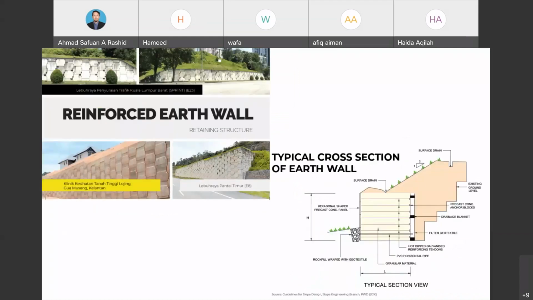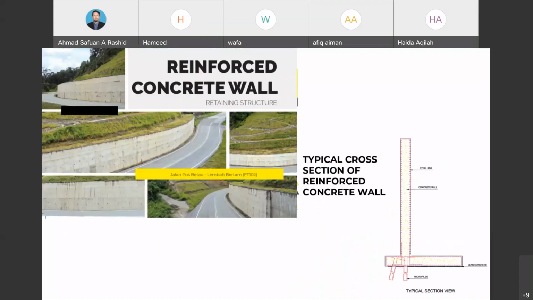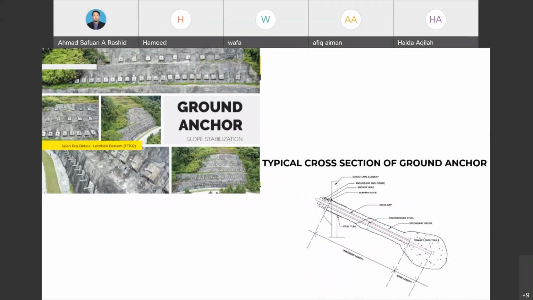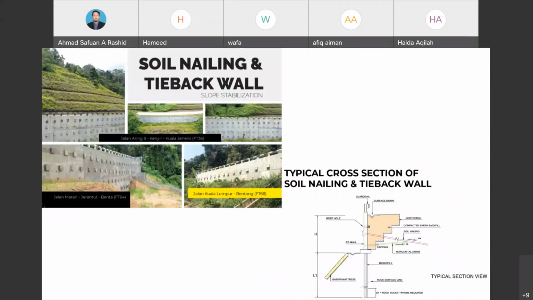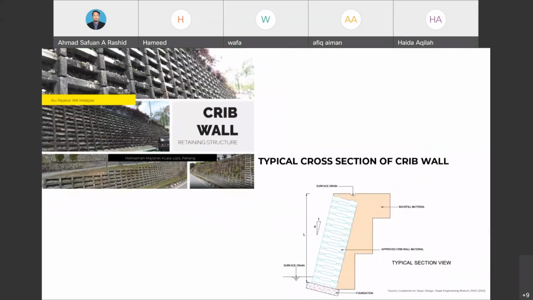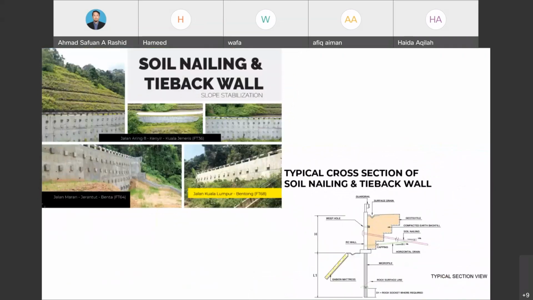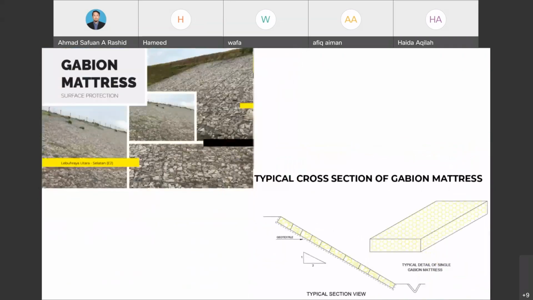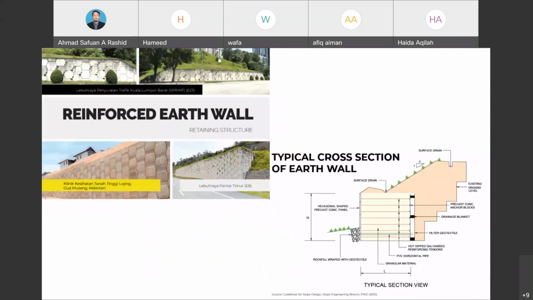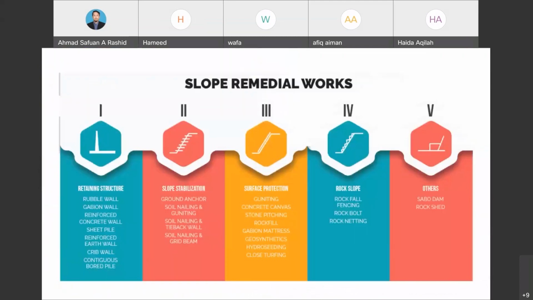Actually for any retaining structure from the previous one, the maximum height is 8 meters. If you want more than 6 meters, we can use this bore pile.